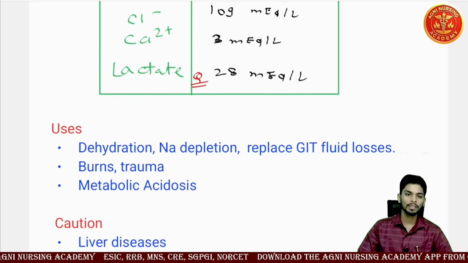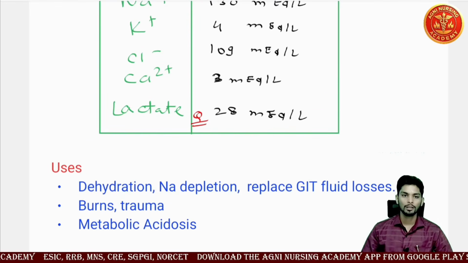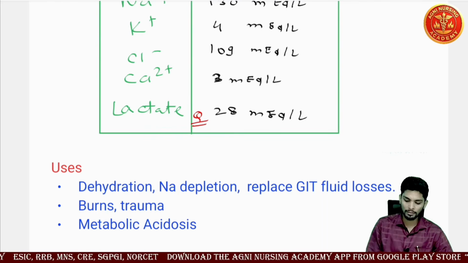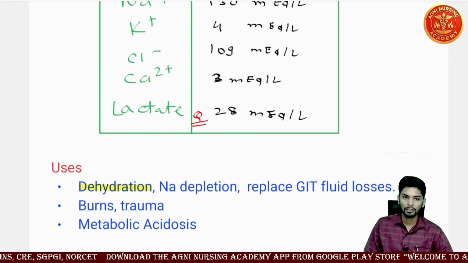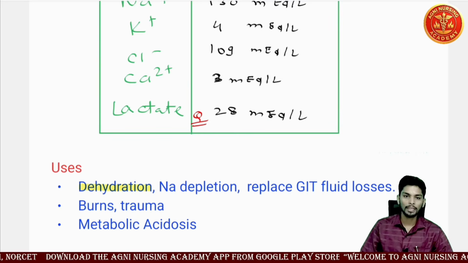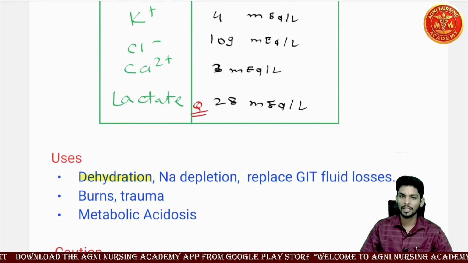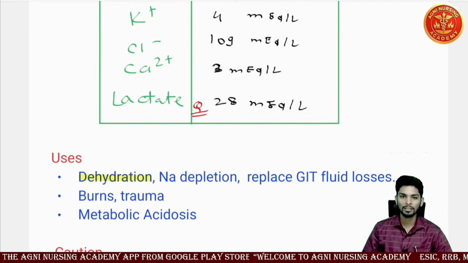So here we will discuss the uses of ringer lactate. Ringer lactate will be used in dehydration, sodium depletion, and for replacement of GIT fluid losses. Means those who have complaints of vomiting, diarrhea will lose their GIT fluids.